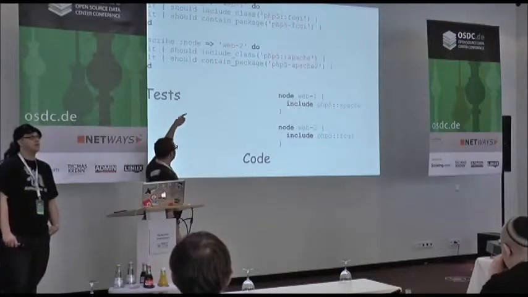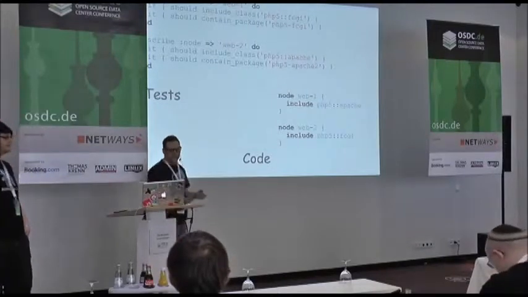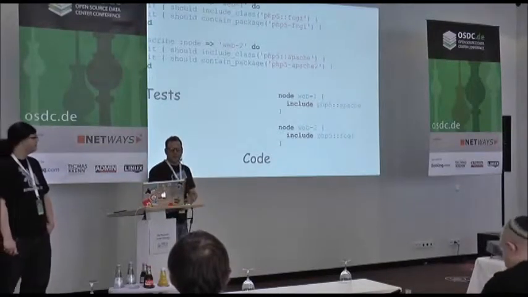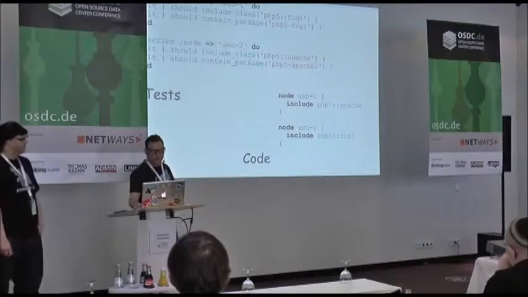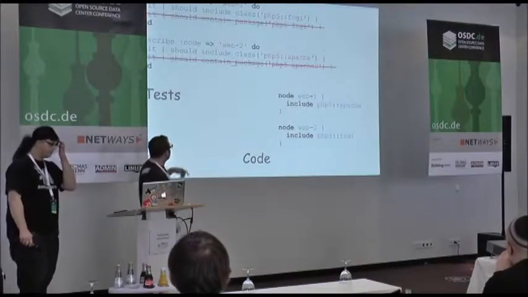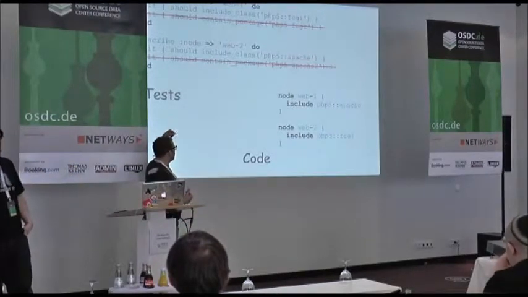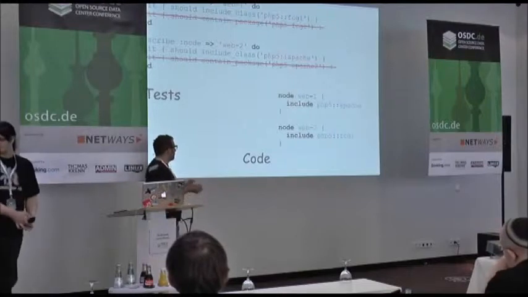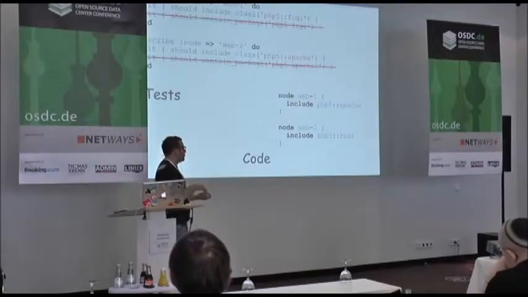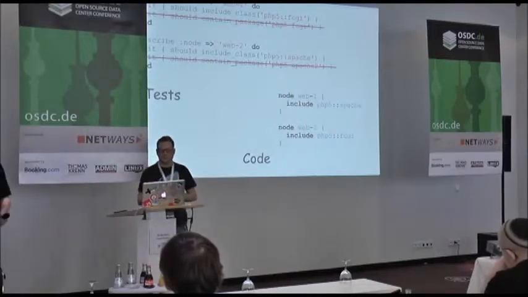It should include the class, and it should also contain the package. And this is now redundant because we can get rid of those tests, because the PHP 5 Apache class has its own tests. Like I should include the package, so I don't need to do it anymore in my node definition tests.